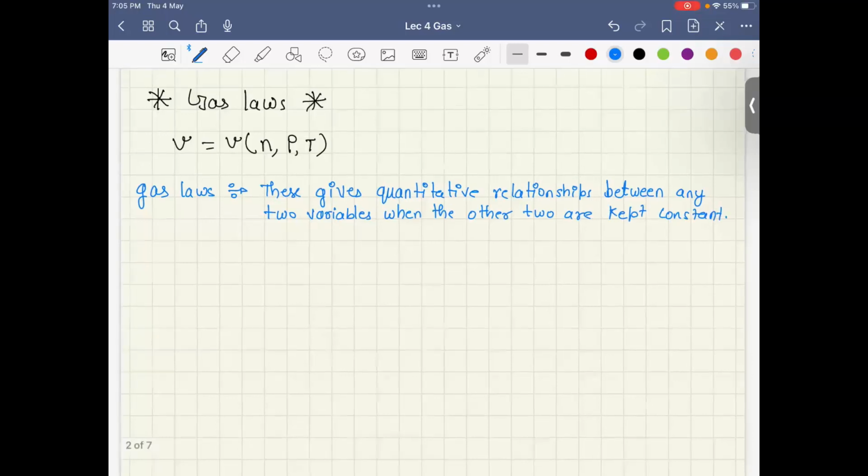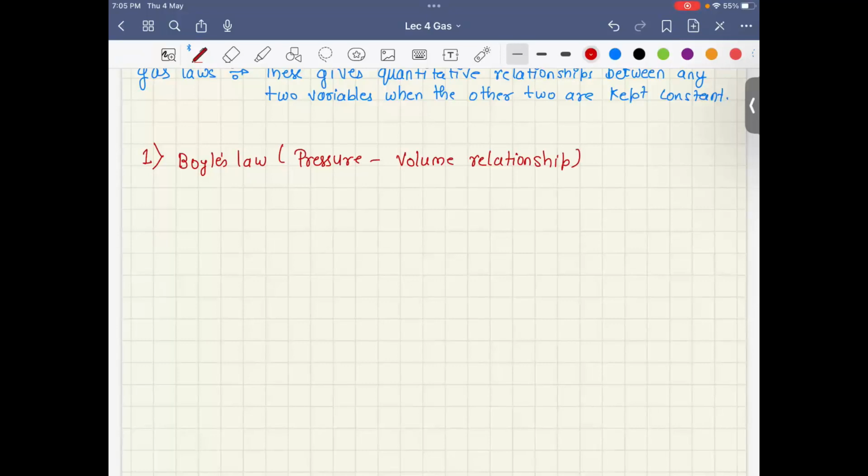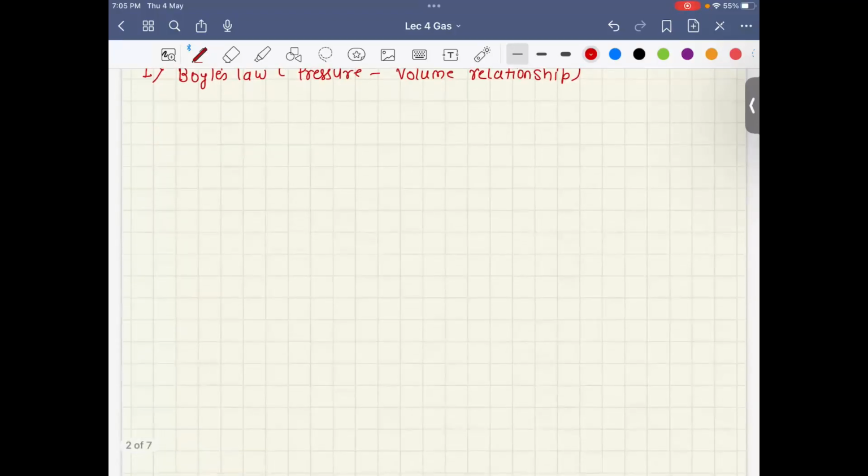Right? The first law which we are going to study is Boyle's law, also called the pressure-volume relationship. In 1662, Robert Boyle studied the changes in volume of a gas by varying pressure at a constant temperature of a fixed amount of gas. He used the J-type tube.